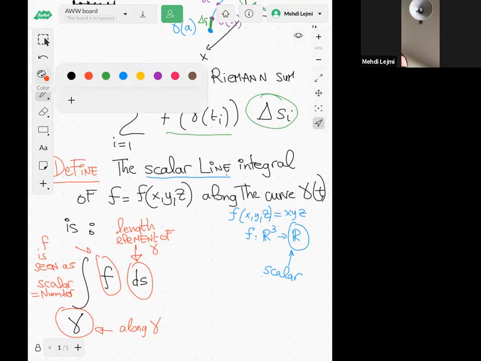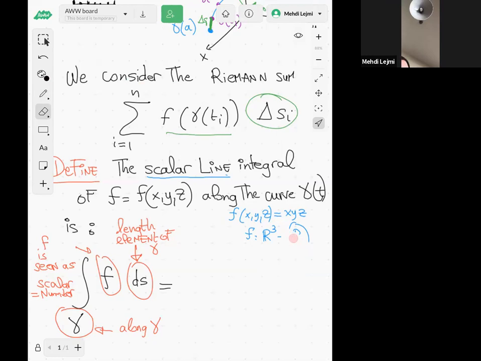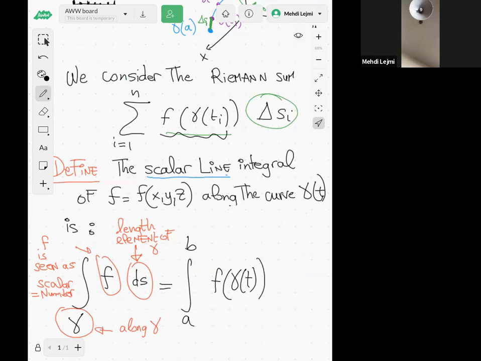That's a notation. This is actually equal to the integral from a to b of f of gamma of t, and then there is this delta s.